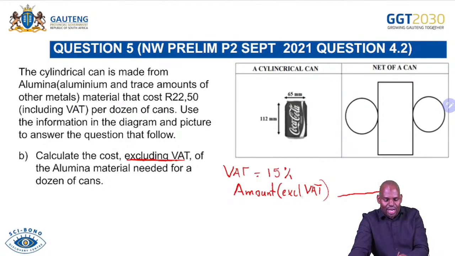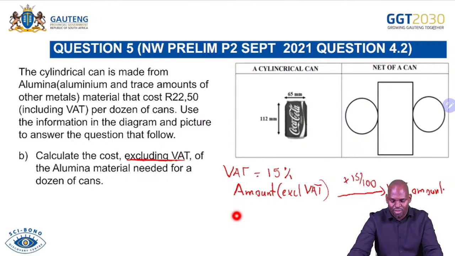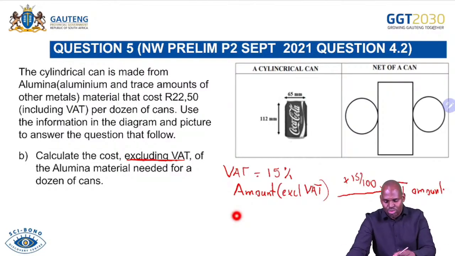If I've got an amount and they say this amount is excluding VAT, and I want to add the VAT amount, how am I going to calculate it? If I just need the VAT amount, I'll multiply by 15 over 100. Then I will know what value must be added.